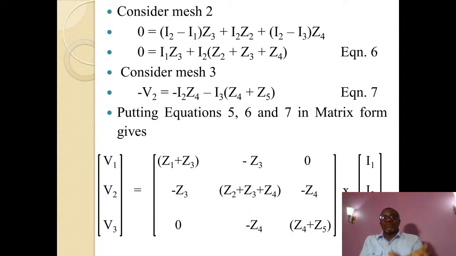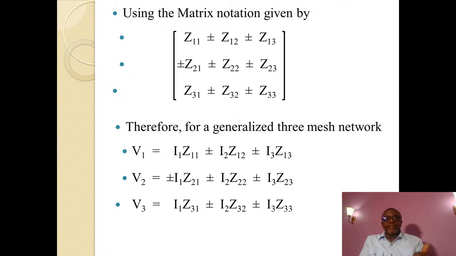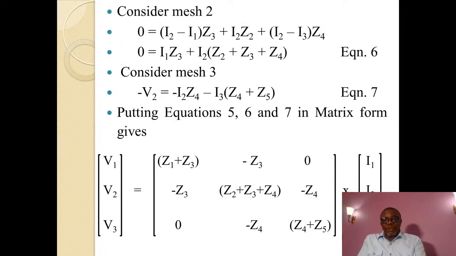That is what we have in the equations for V1, minus Z3, 0, then minus Z3, Z2 plus Z3 plus Z4, that is from equation 6, then minus Z4, 0, minus Z4, then Z4 plus Z5, times I1, I2, I3. So you have formed the general mesh matrix notation.